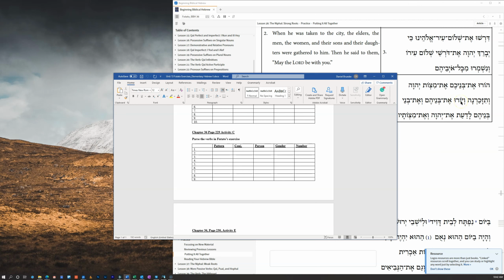So, this has to be a 3MP form. And they will teach their sons. So again, I'm going with imperative 2MP here.